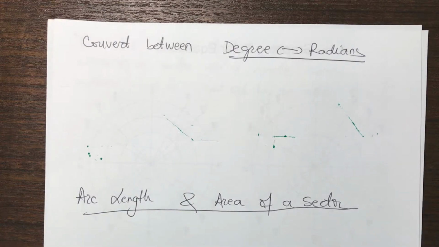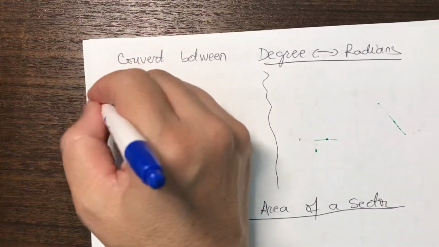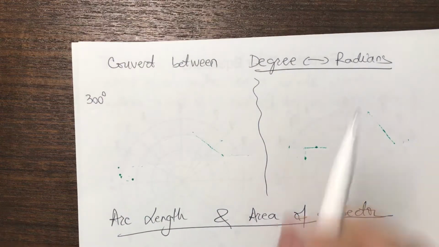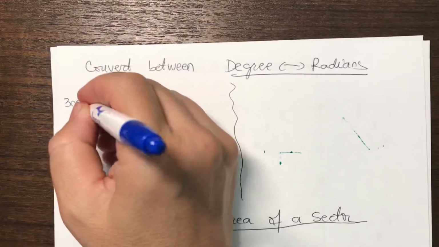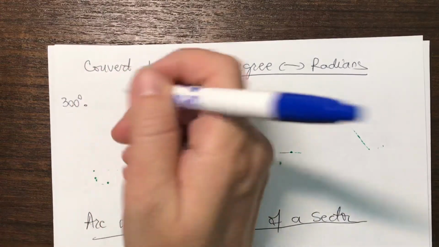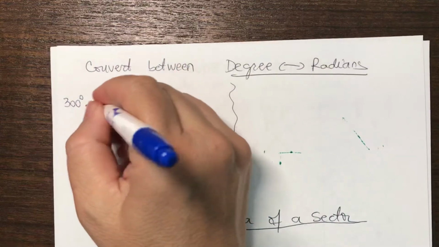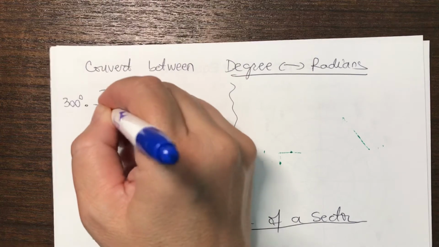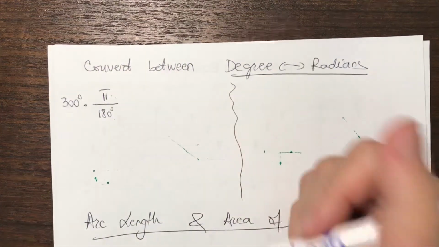So what we're going to do is just simply convert a little bit. Let's say I'm going to start with a 300 degrees angle, and I want to put it into radians. So what do I simply have to do? Remember, pi is the same thing as 180 degrees. So all I have to do, pi over 180, since they are equal to each other, this thing is equal to 1, yes?